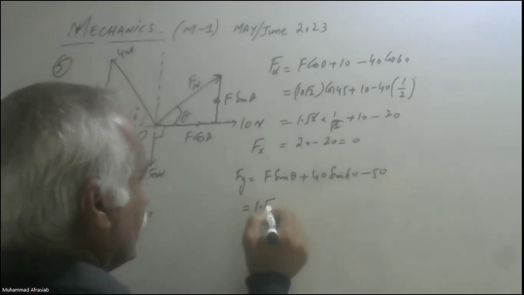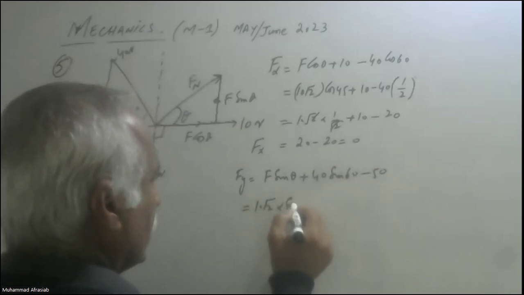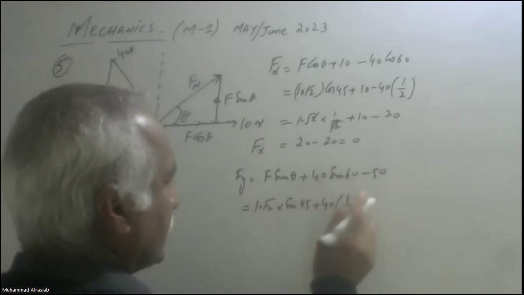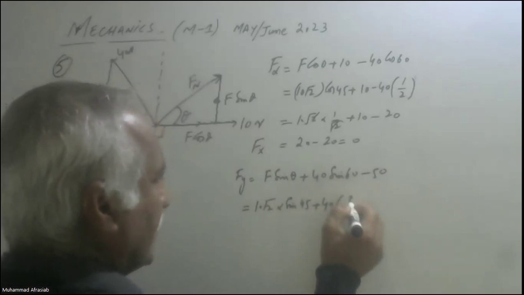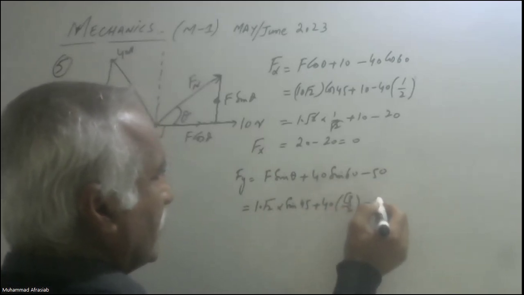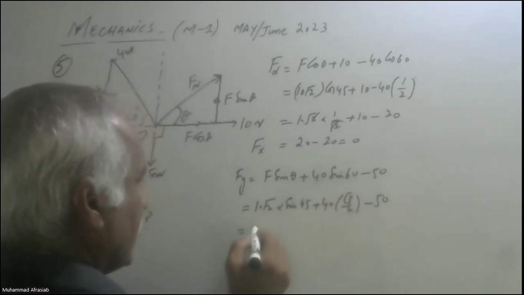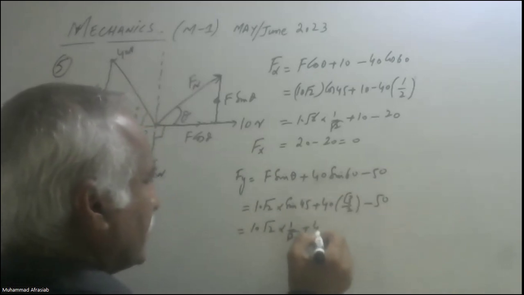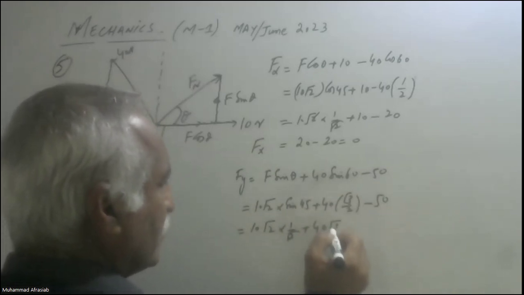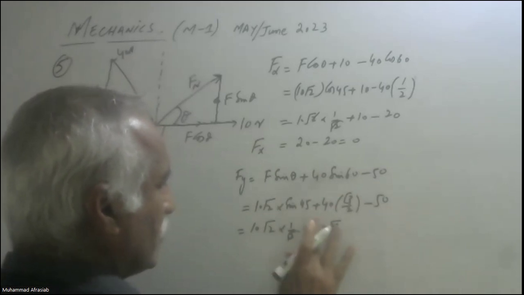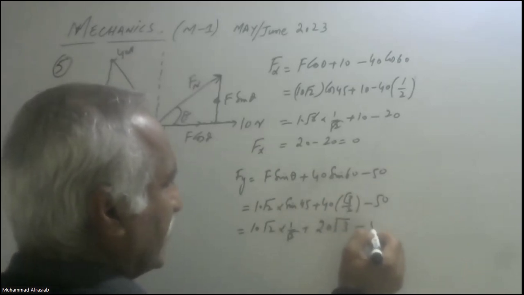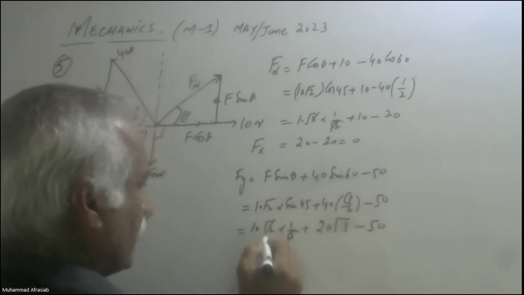F there is 10 root 2 into sine 45 plus 40 sine 60, which is root 3 over 2, minus 50. This is 10 root 2 into 1 over root 2 plus 40 root 3 over 2, that is 20 root 3 minus 50. This root 2 and root 2 cancel.